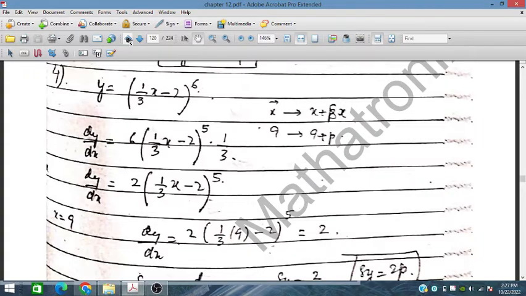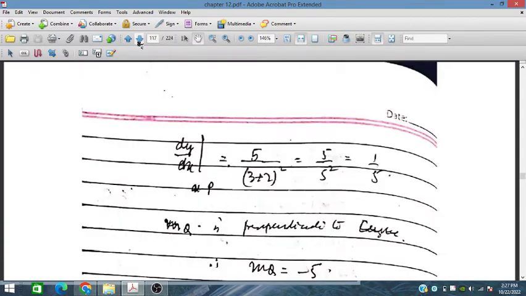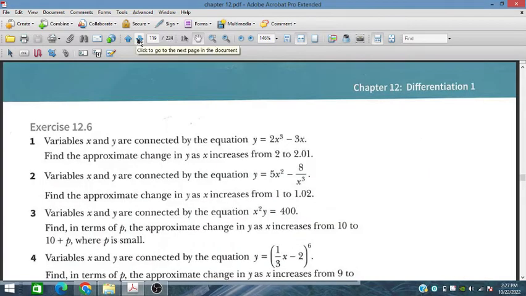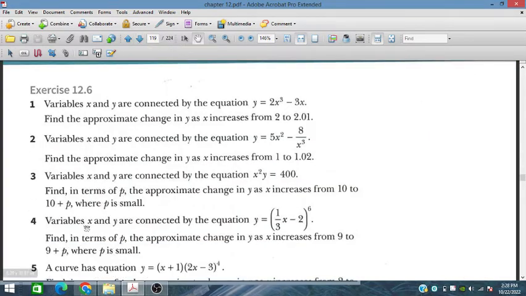Let's see the problem again. The variables x and y are connected by this equation. Find in terms of p the approximate change in y as x increases from 9 to 9 plus p. So the incremental change is p, very small.